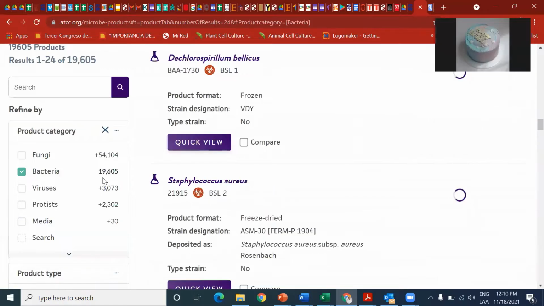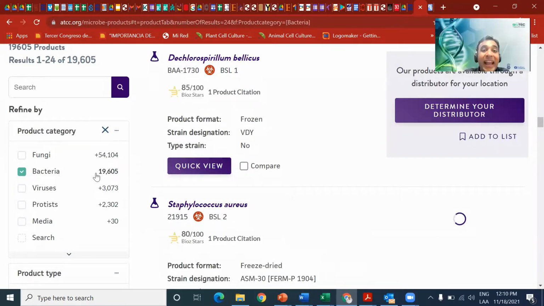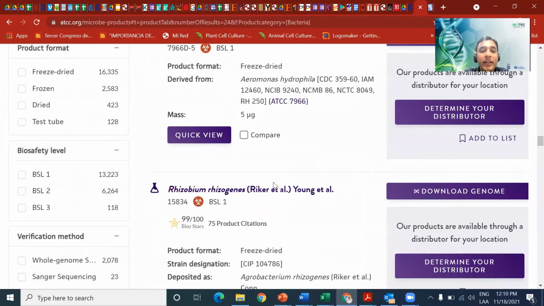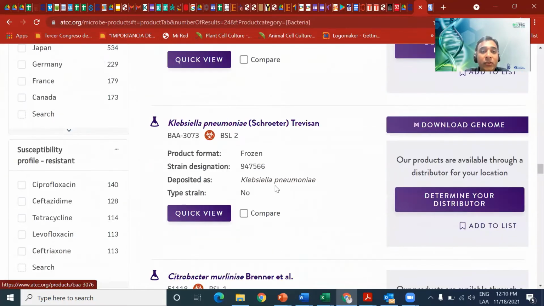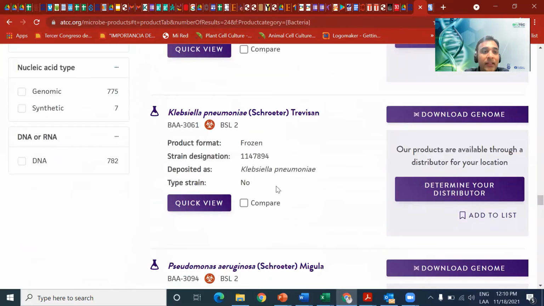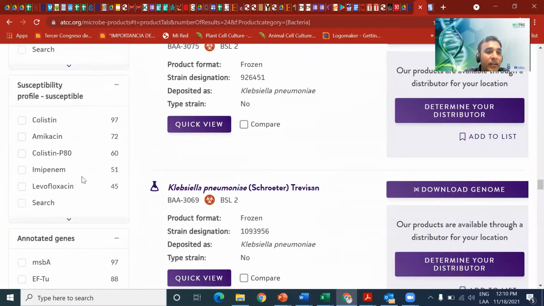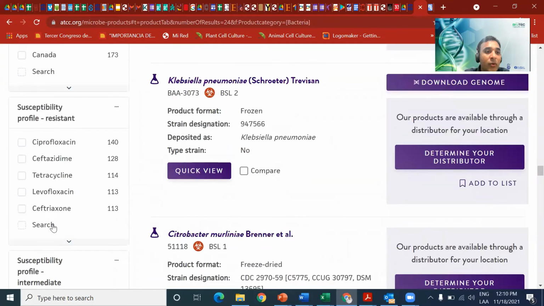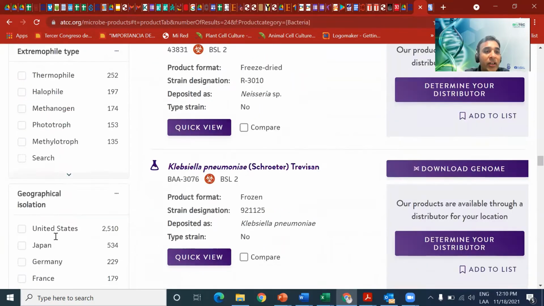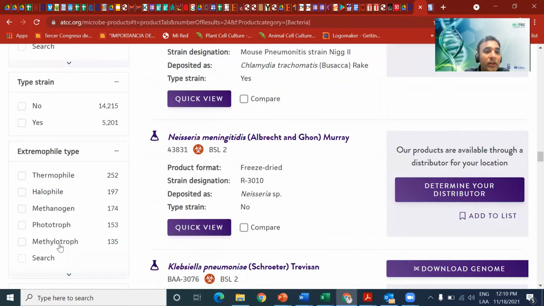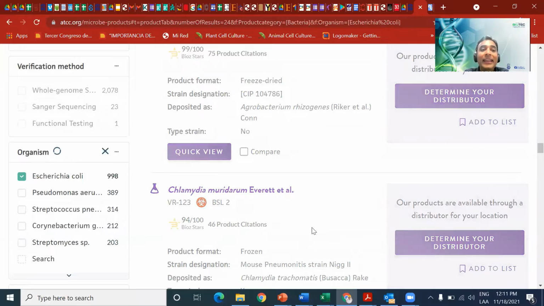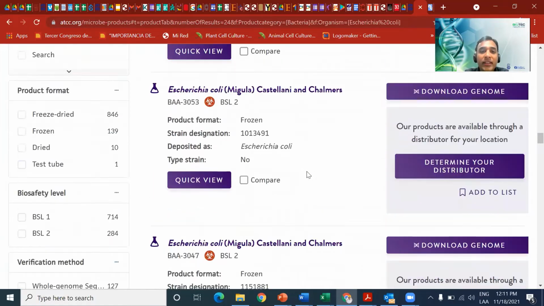Oh, okay. 19,000 bacteria, just imagine, 19,605 different kinds of bichitos, everything here. And here you will find even what kind of susceptibility, what kind of resistance, which antibiotic, which country, location, extremophile, type or strain. Here E. coli, 998 E. coli available. Do you see this?